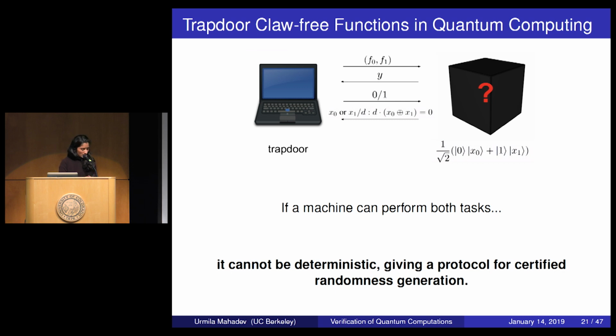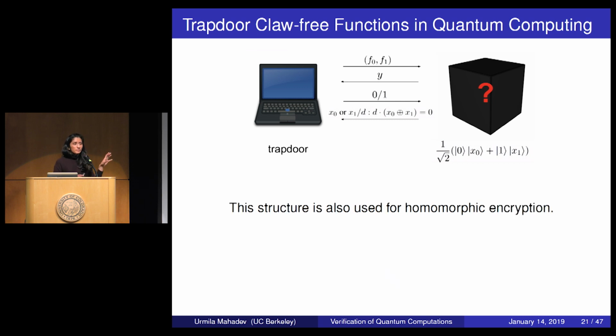Now, the final implication is, it's not directly from this protocol, but I've also used this trapdoor claw-free structure with respect to quantum computers to build something called quantum homomorphic encryption. And this is a task where a classical client wants to delegate a computation to a quantum computer on the cloud in such a way that the quantum computer can perform on the encrypted data without learning anything about it.